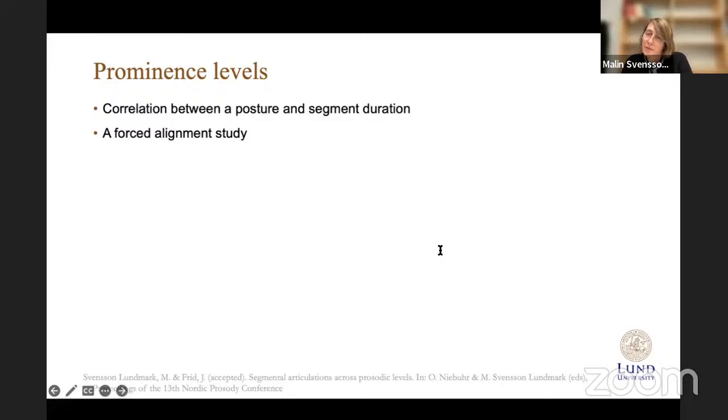So I'm going to show you some similar graphs again. This time it's the correlation between posture and the segment. In this study, we used forced alignment to obtain the segment boundaries, and we were interested in whether the relationship between the posture of the articulator and the segment would still hold under the effect of prominence.